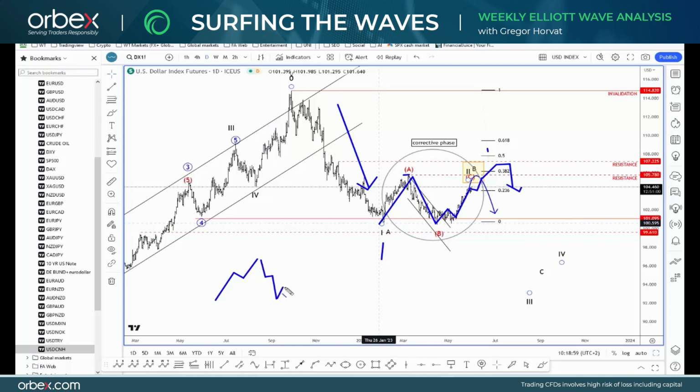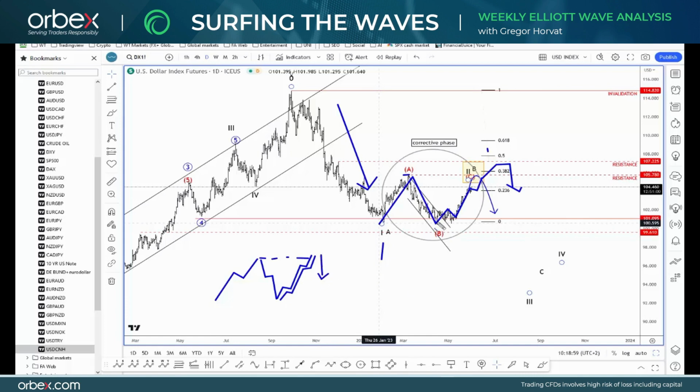And then the most important part is that you will in flat see a very strong wave C, which should be made by five waves and will usually take the price back to the area of this wave A resistance. So that's around 106, 105.78 actually, to be more precise. So once we will have these five subwaves within this wave C, that's when we may expect a reversal lower.